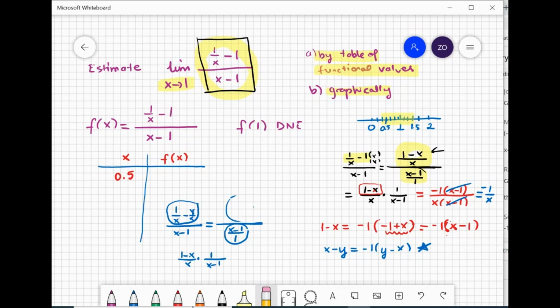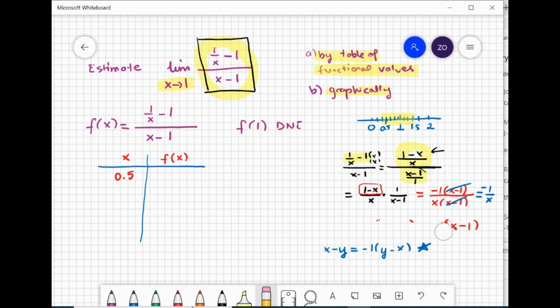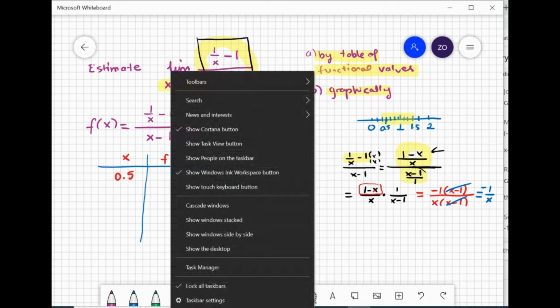Okay, so let me get rid of this part. So what did we do? We just simplified our function, right? So instead of evaluating this expression, we can evaluate the neater, easier expression, which is negative 1 over x. So let's now use our calculator. So I will just open one in here.